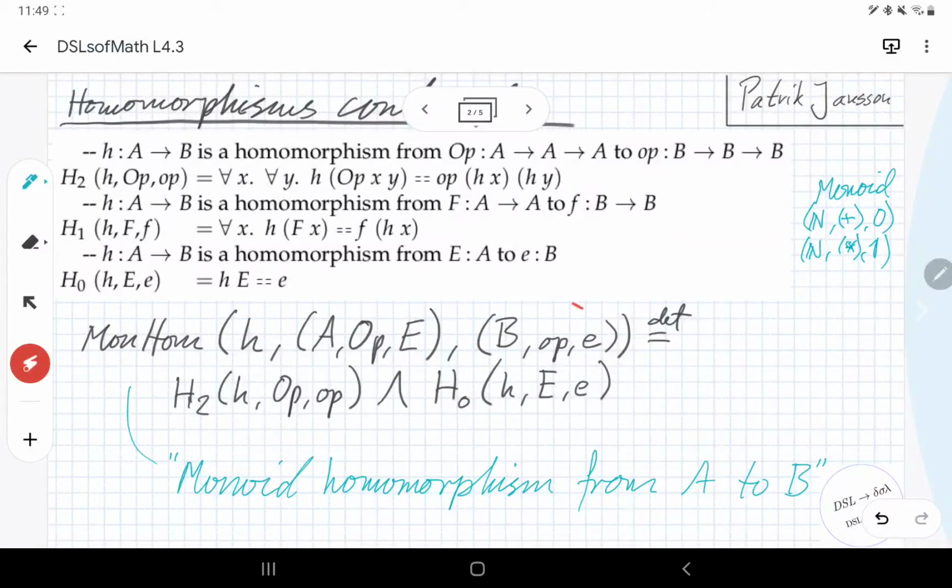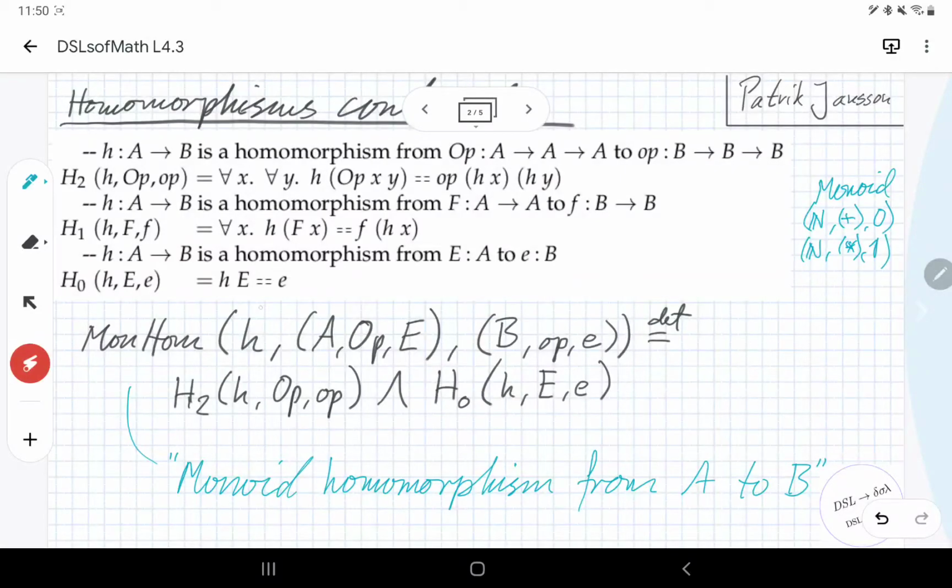And then the third component is the target: the type, the binary operator, and the element value, the nullary operator. So this predicate is defined in terms of my other predicates.